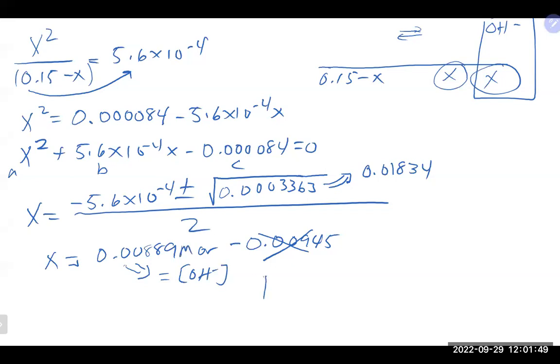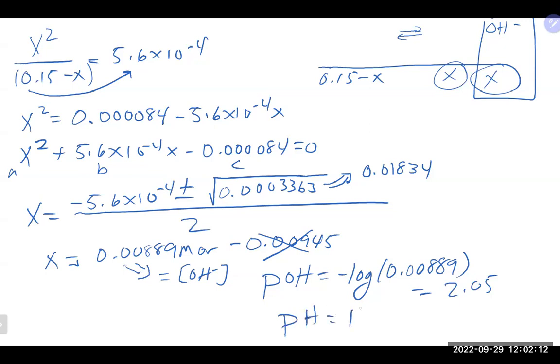That's going to allow us to calculate not the pH, but the pOH here: minus the log of 0.00889 is going to give us a pOH of, call it, 2.05. And obviously subtracting from 14 will get us over to our pH of 11.95.